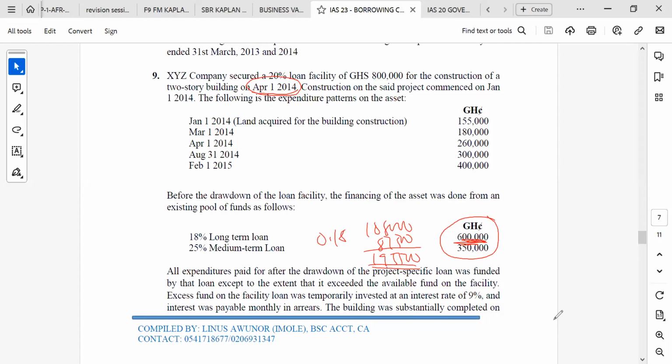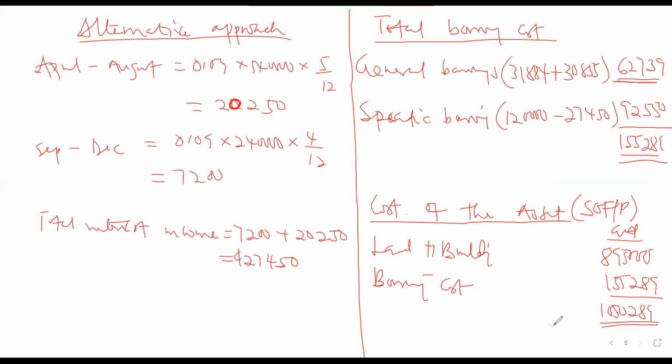How much of it are we capitalizing? We're supposed to charge all of that amount to profit or loss, but we are now capitalizing this amount of it. So you take that particular amount from this amount, then the difference will go to profit or loss. That is how we do it.